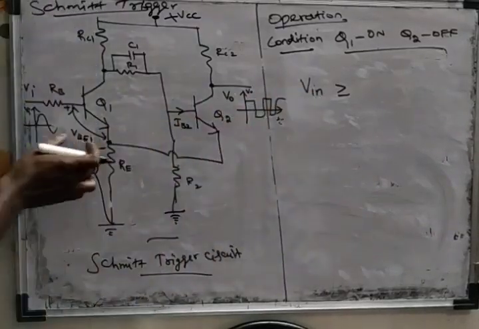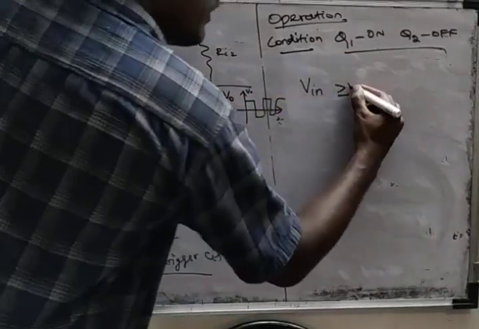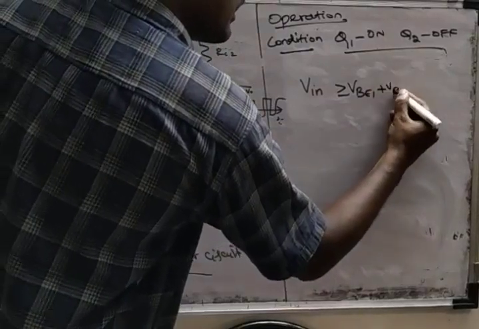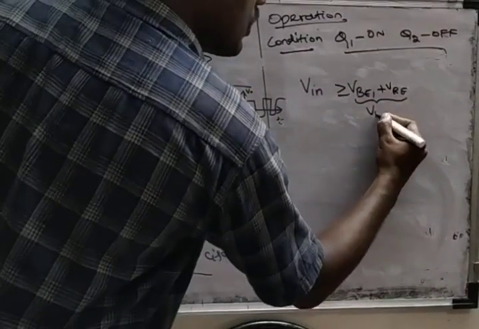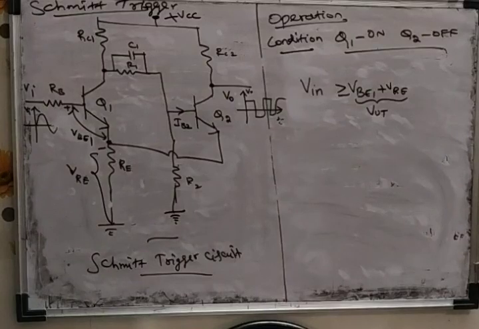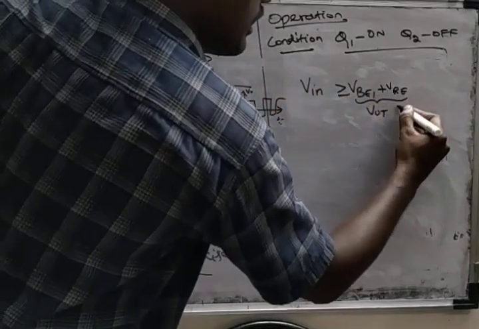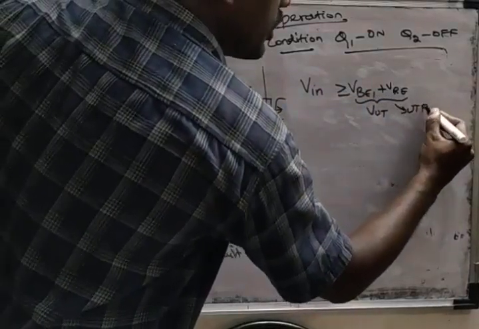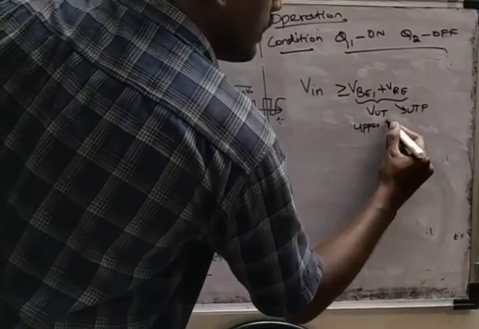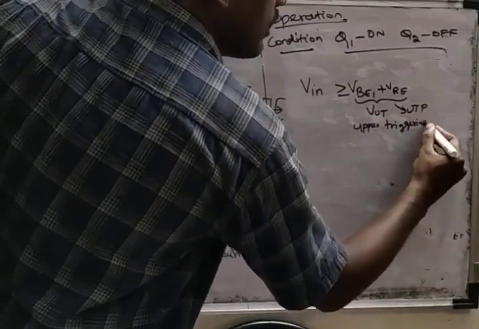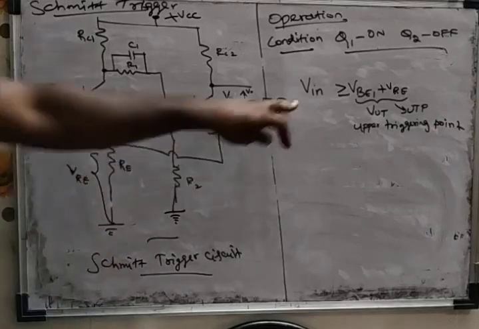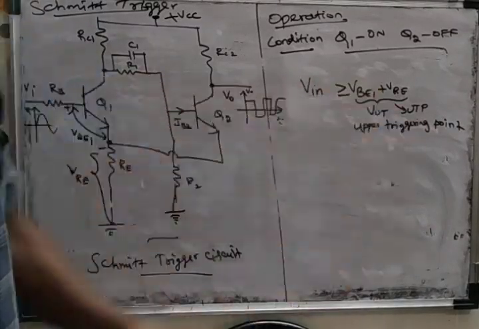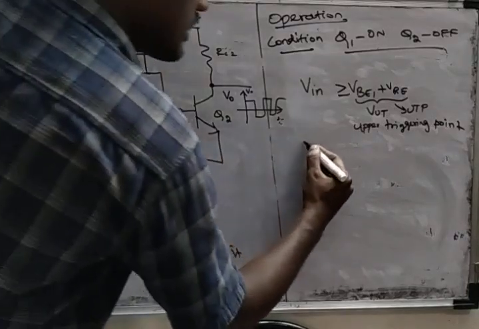So when Vin is greater than VBE1 plus VRE, this is called the upper threshold voltage, and this point is called the upper triggering point, UTP. When this condition occurs, Vin greater than or equal to VBE1 plus VRE, transistor Q1 conducts.